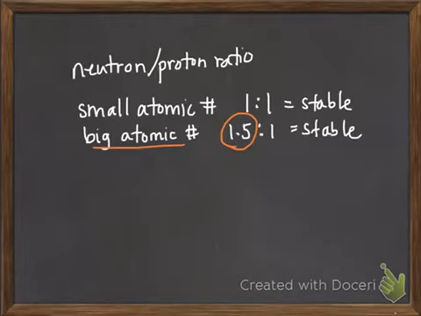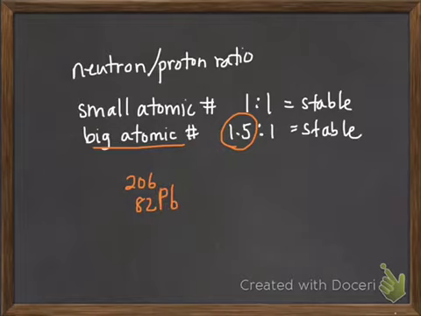Those things would keep you stable and not decay. That would prevent you from breaking apart and releasing radiation and releasing alpha particles and so on if you are a large element.